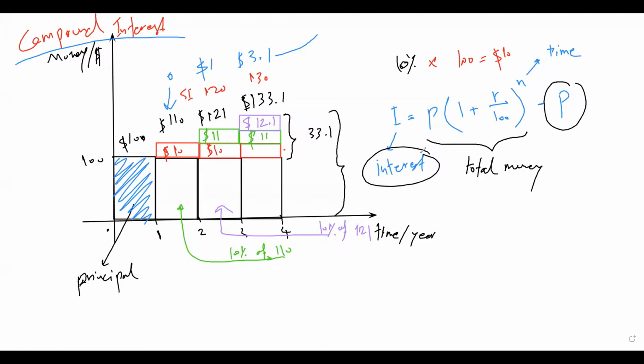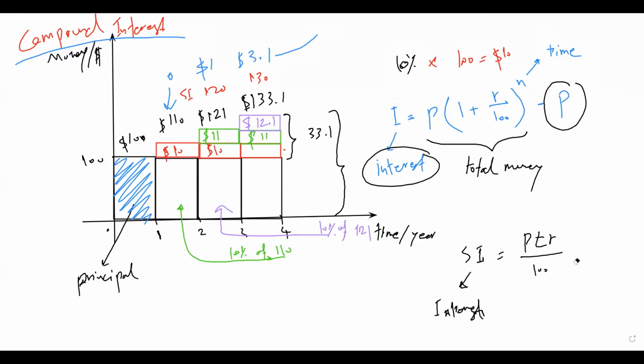So this is the difference between simple interest and compound interest, because for simple interest, this formula right here directly would give us the interest, right? We didn't need to subtract nor add anything at the end.